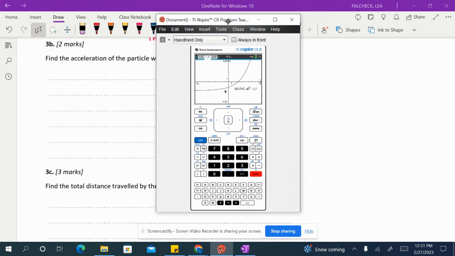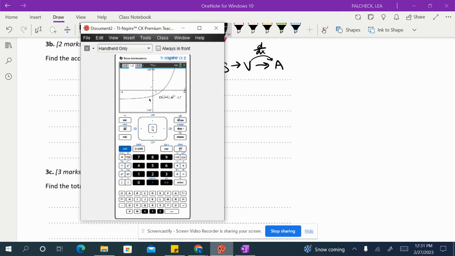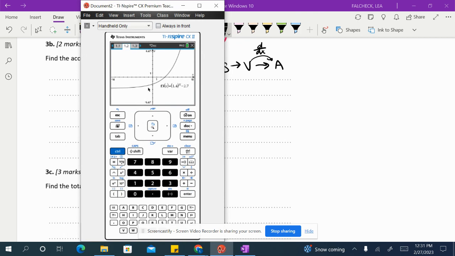I'm given the velocity, right? And I know that the relationship in kinematics is the derivative of the velocity is the acceleration. I do not want to take the derivative of this by hand, but I can do it in my calculator really quickly, okay? So what we would do here is go to home.